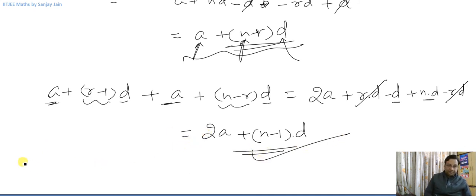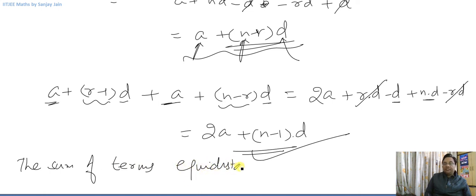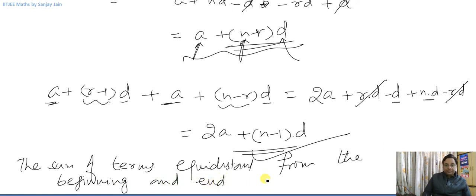So I can say the sum of terms equidistant from the beginning and end is the same, right?